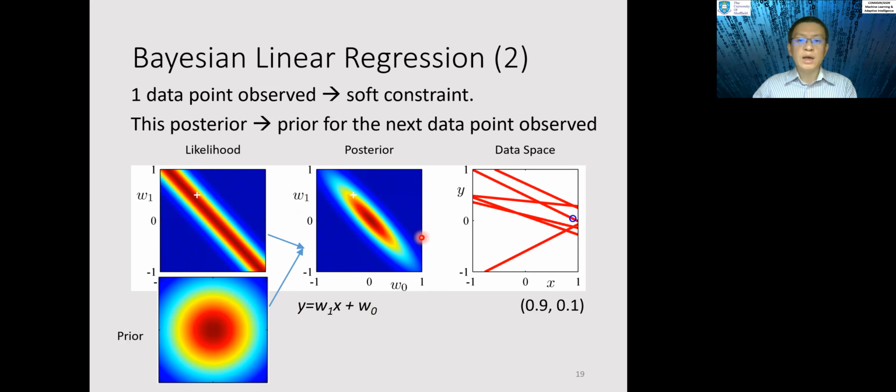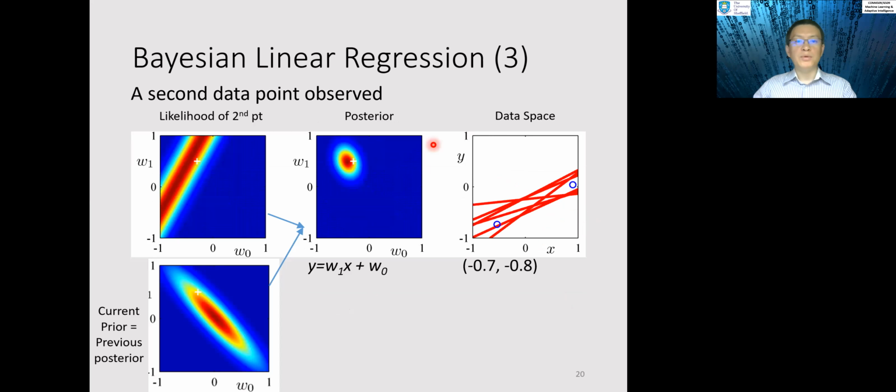If we sample the values of W0 and W1 from this posterior distribution, we have random lines over here. We can see that they tend to stay close to these data points at this x value. And then this posterior will become the prior for the next observed data points.